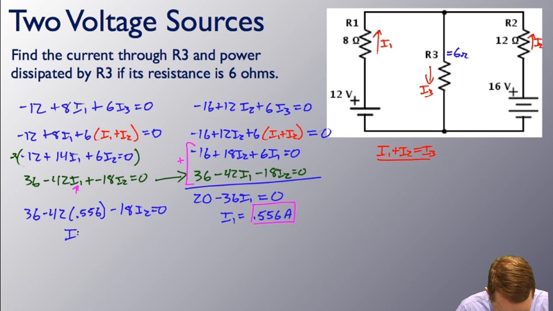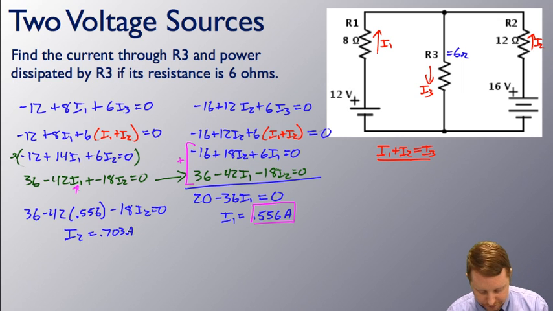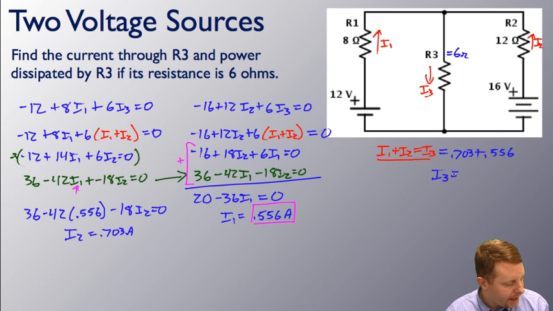I can solve that for I2 to determine that I2 is 0.703 amps. Well, great. Now that I've got I1 and I2, I can find I3 because I3 is equal to I1 plus I2. So I3 is 0.703 plus 0.556, about 1.26 amps.